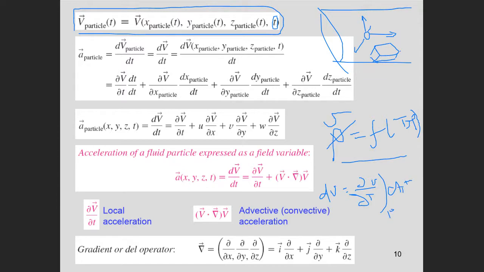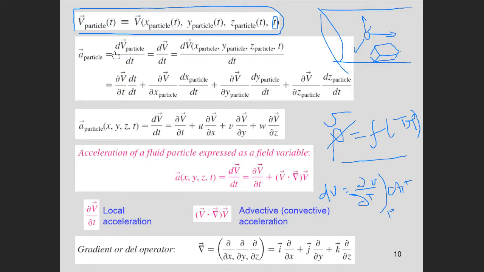Plus del V by del P dP at constant temperature. Do you remember this? Apply the same principle here. V is actually a function of x, y, and z of the particle and the time t.